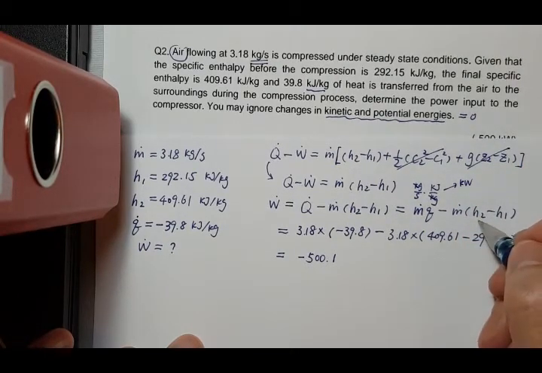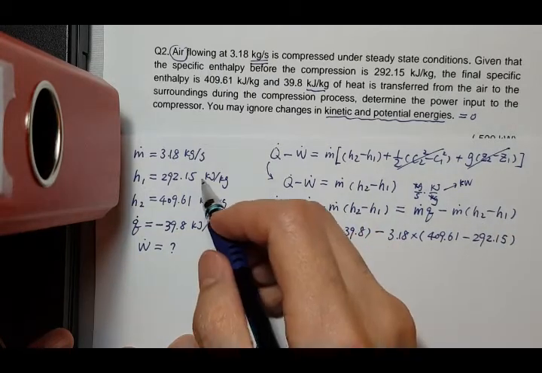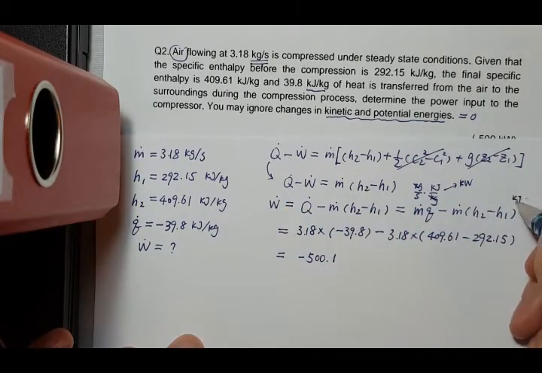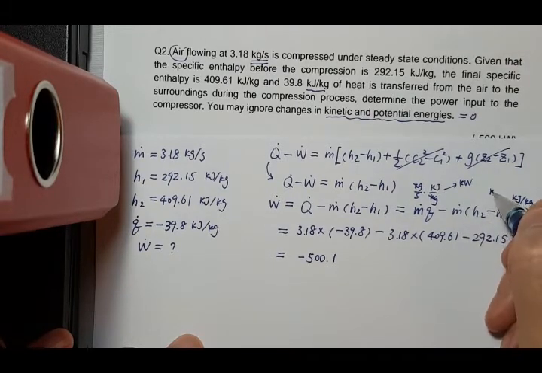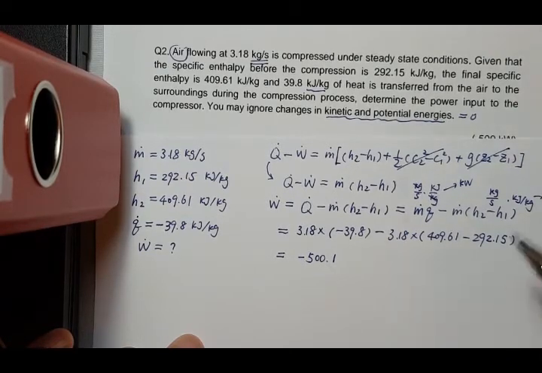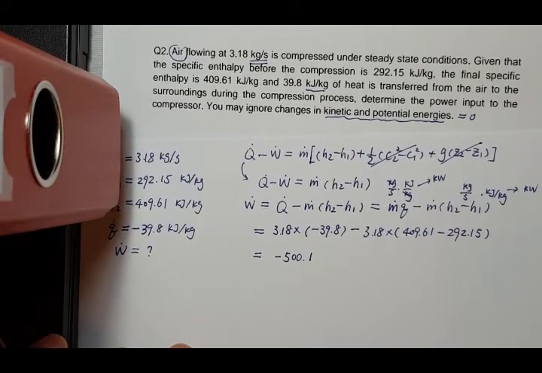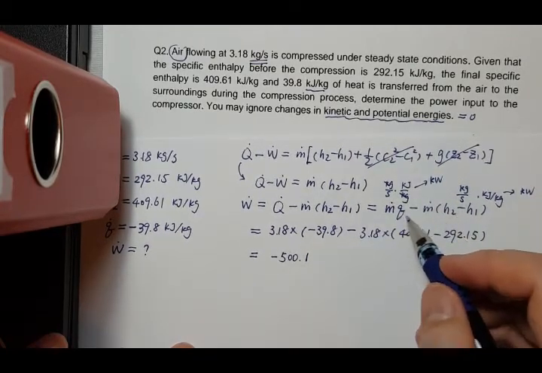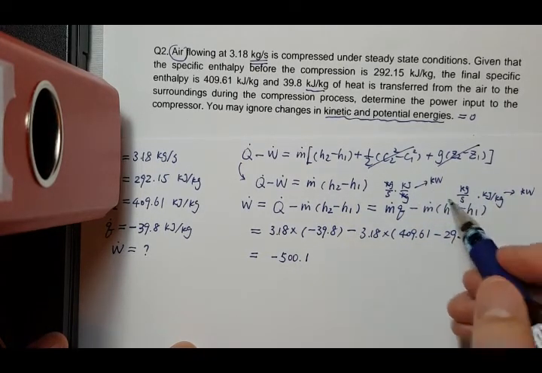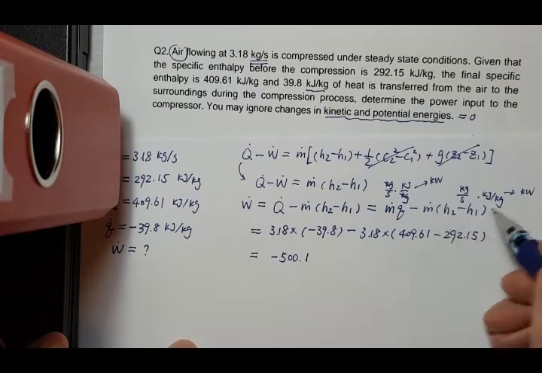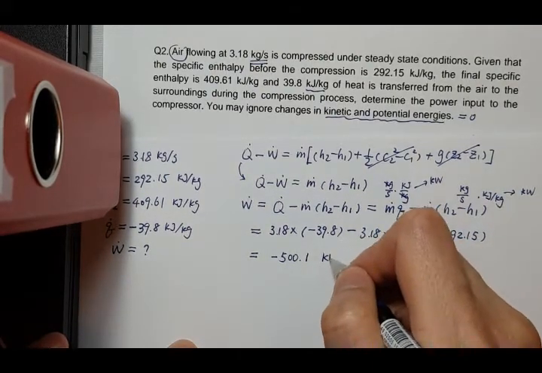And also for H, we've got kilojoule per kilogram as well, and M dot is kilogram per second, so again this is kilowatt. So you just double check these two terms are exactly in the same unit. If they are in the same unit, then you don't need to make any conversion. So we use kilowatts, subtract kilowatts, and finally we still get kilowatts.